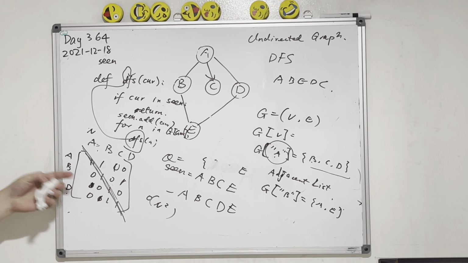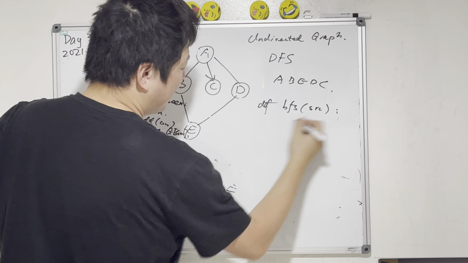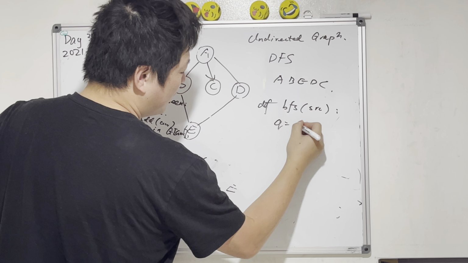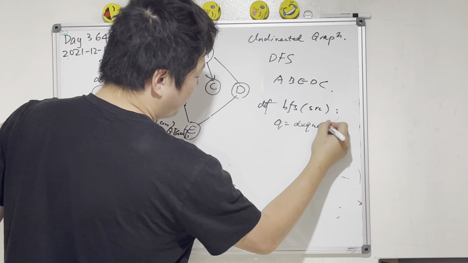That's good job. That's the adjacency matrix and adjacency list. Okay, so now we want to visit the graph with breadth first search. Define BFS with a source. We use Q equals a deque. Yeah, remember we use the deque. Put the source in, and then we have seen equals a set. By the way, what's the advantage of using a deque instead of a list?